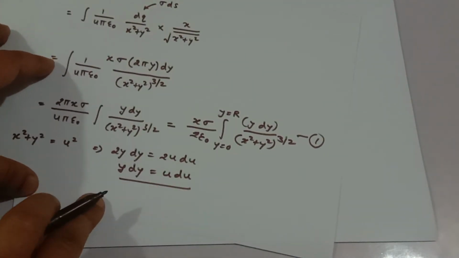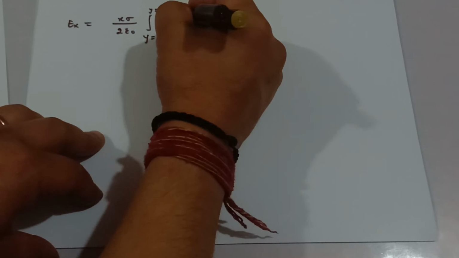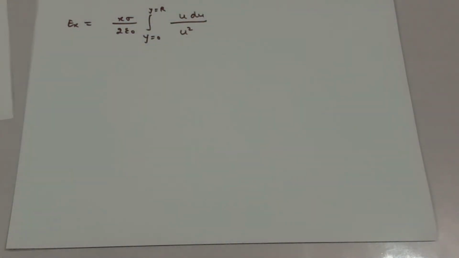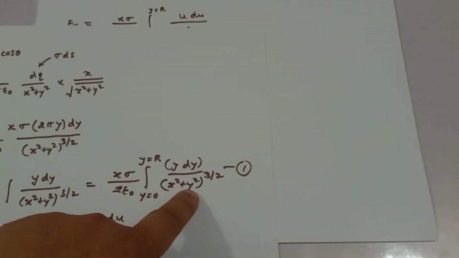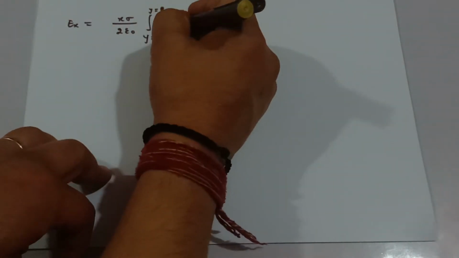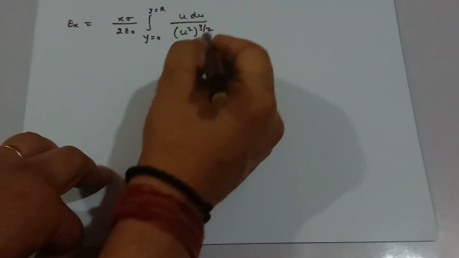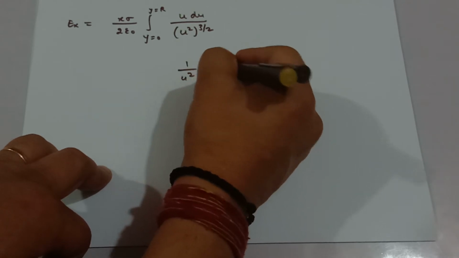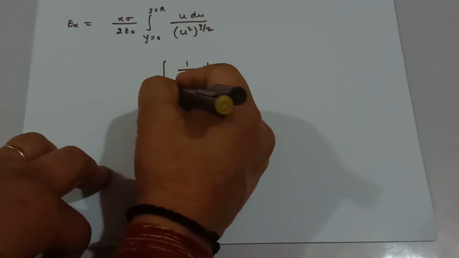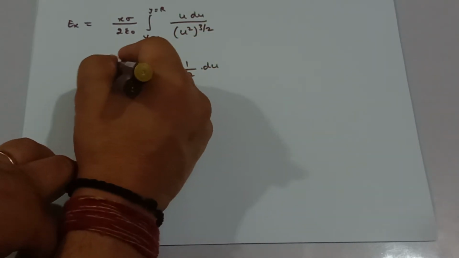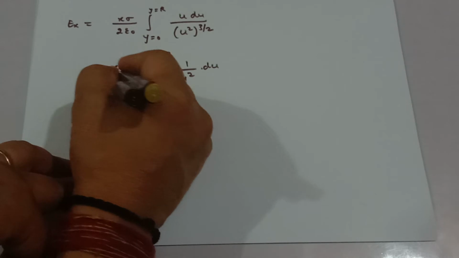You can see here that this will become u into du, and x square plus y square is u square, its power 3/2, so that becomes u to the power 3. So 1 upon u square du would remain here, but these limits are for y equal to 0 to y equal to capital R. That needs to be kept in mind. So that would be x into sigma upon 2 epsilon naught.